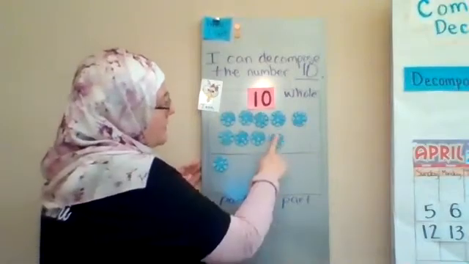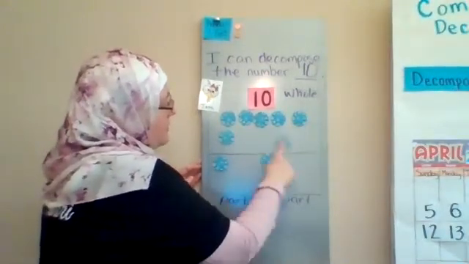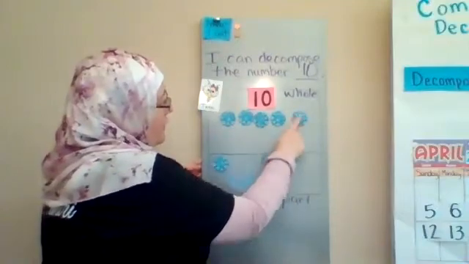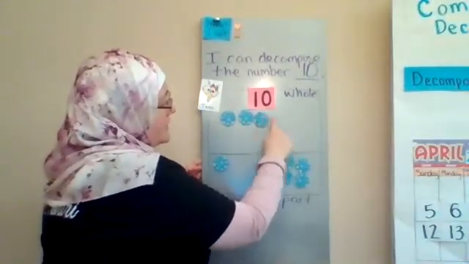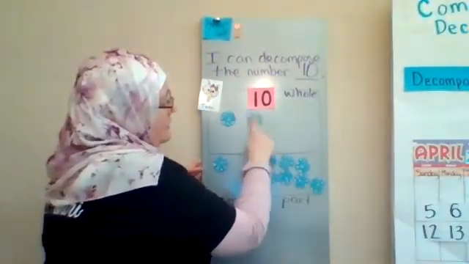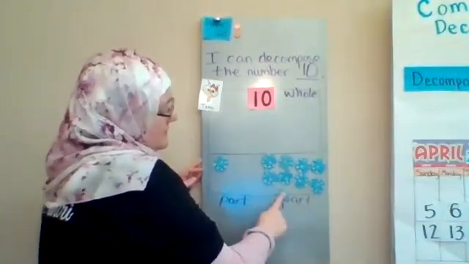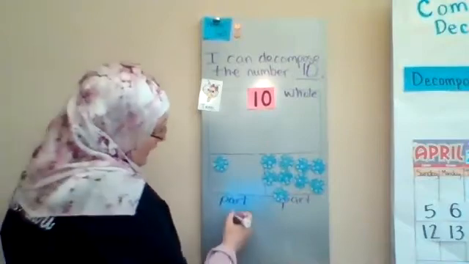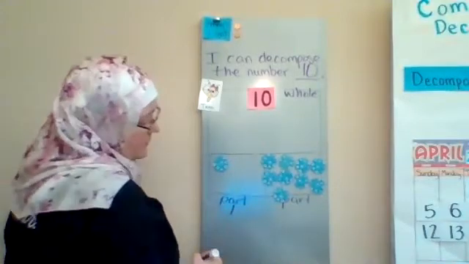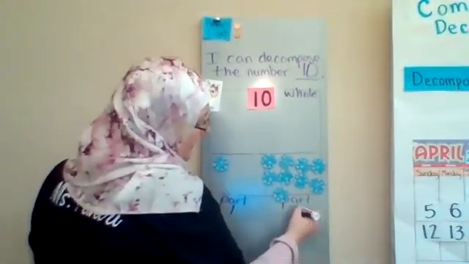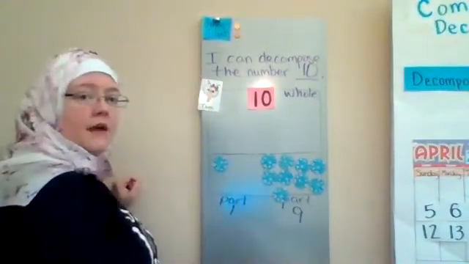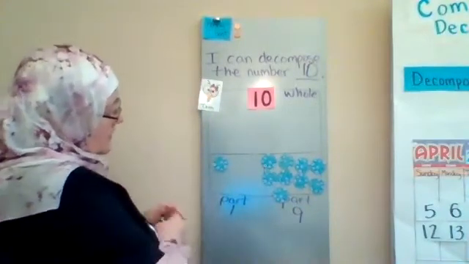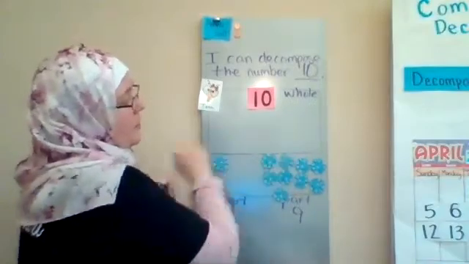Let's count. 1, 2, 3, 4, 5, 6, 7, 8, 9. So in my first part, I have just 1, and in my second part, I have 9. Part, part, whole.